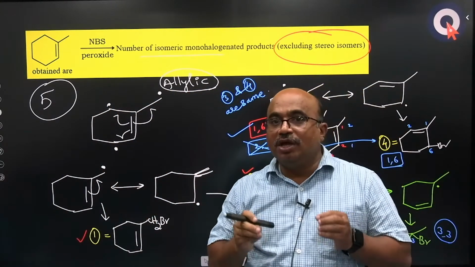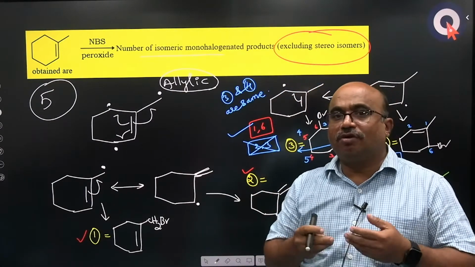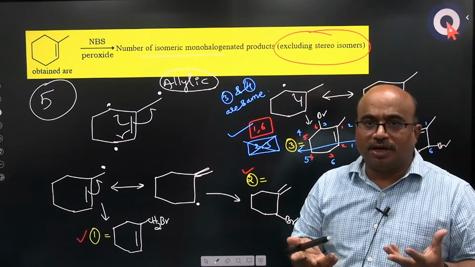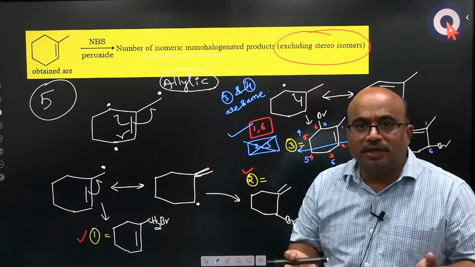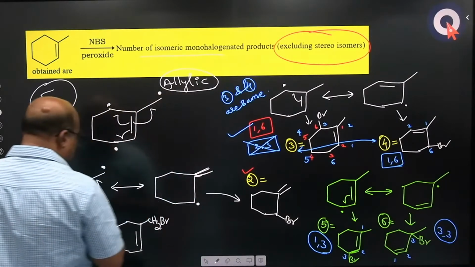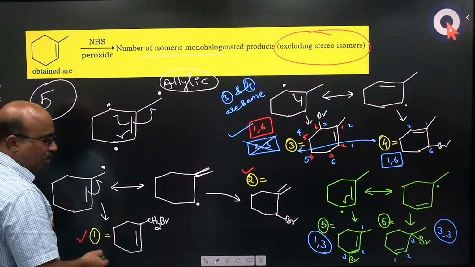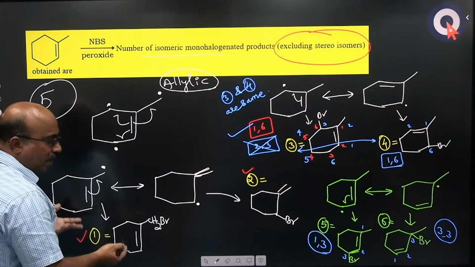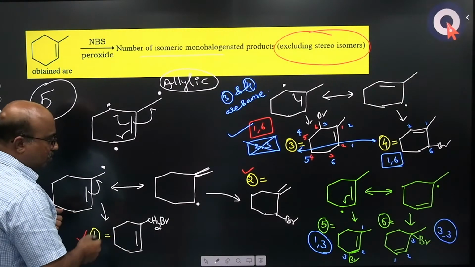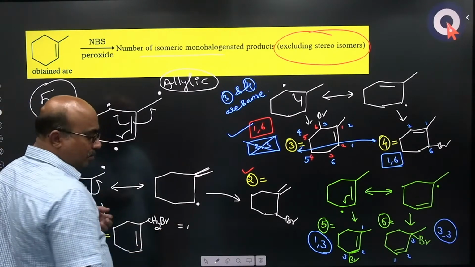If you include stereoisomers, you will count maybe geometrical, there may be optical things. So do we have any optical isomers or geometrical isomers here? Do we have geometrical isomerism here? No. Do we have any optical isomer, means is there any chiral carbon? No. So this is only a single molecule. So this is only one.